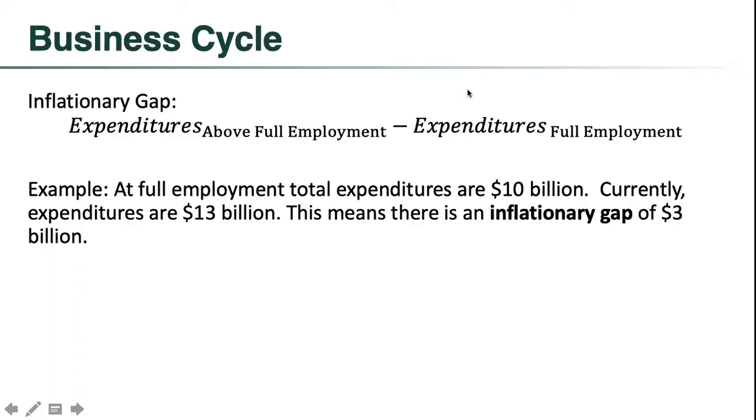For the recessionary gap, you switch what position full employment GDP is in: full employment GDP minus whatever you're at currently, that's below full employment. So these will both be positive numbers, right? If this was a recession and I did this inflationary gap calculation, I'd get a negative number.